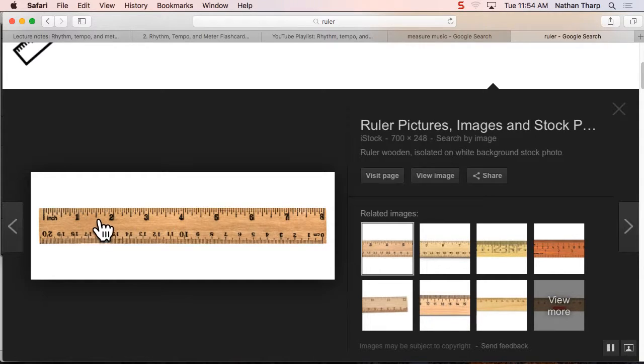So we have half inch, we have a quarter inch, we have eighth inch, and down to a 16th of an inch. Okay. In 4/4 time, that's basically what we have. We do the same thing. We divide that measure into quarter notes, eighth notes, 16th notes, or half notes, or even whole notes, okay?